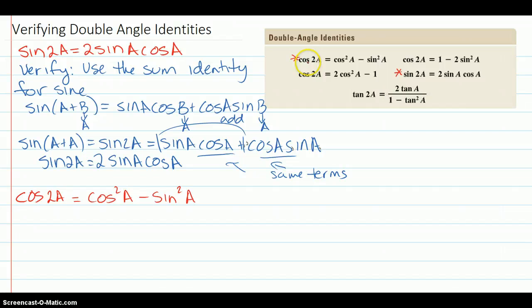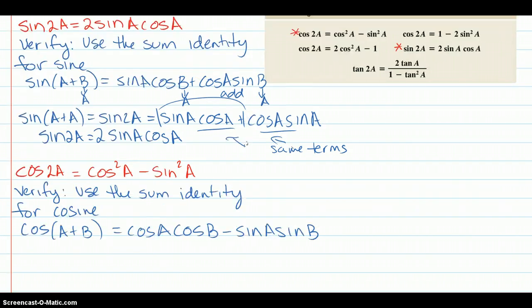So now let's do cosine of 2a. To do the version that we starred, I'm going to use the sum identity for cosine now. We know from the last section that the cosine of a plus b is cosine a times cosine b minus sine a sine b.